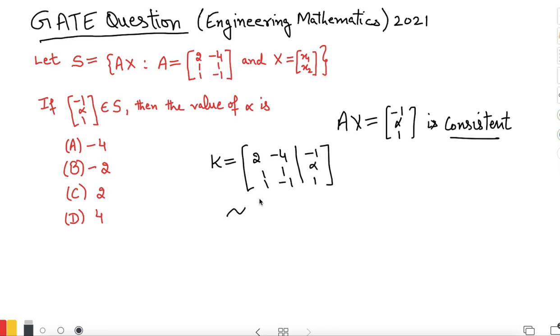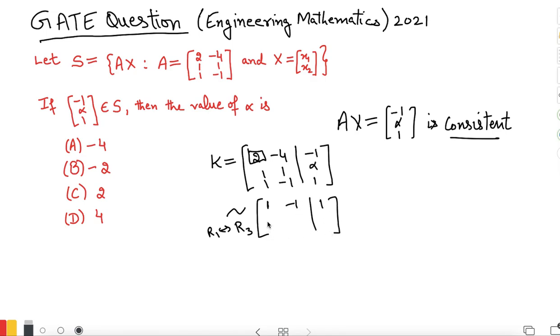So maybe first, to make this simpler, I can interchange row 1 and row 3, or you can directly take this as the pivot position and use it to make the lower values 0 to form the echelon form. But making this element 1 is much easier, I guess.